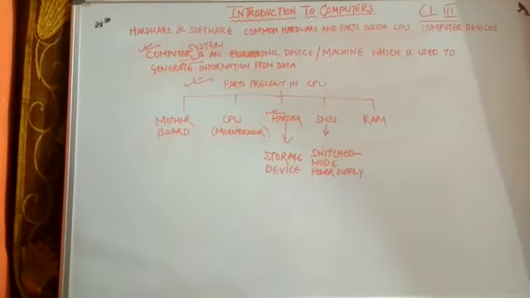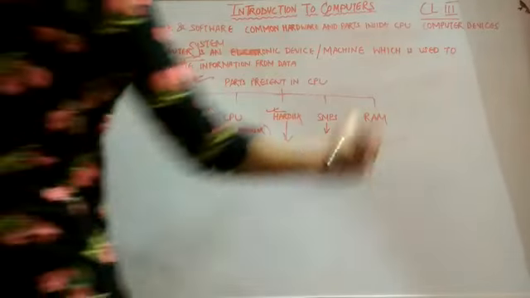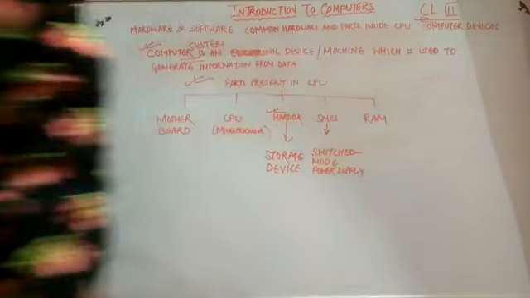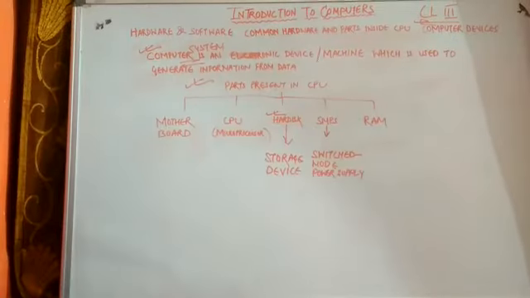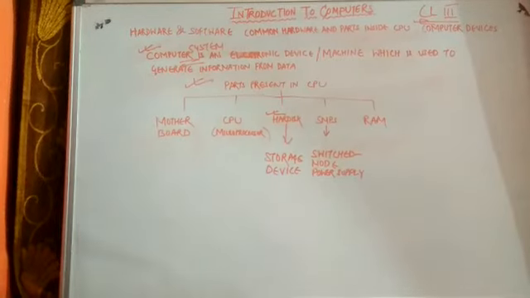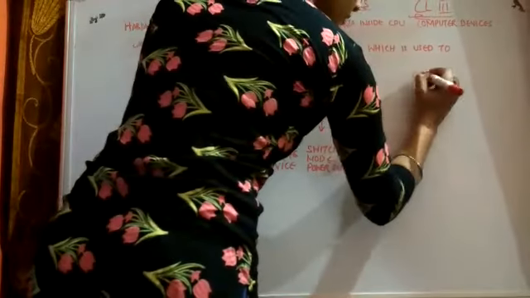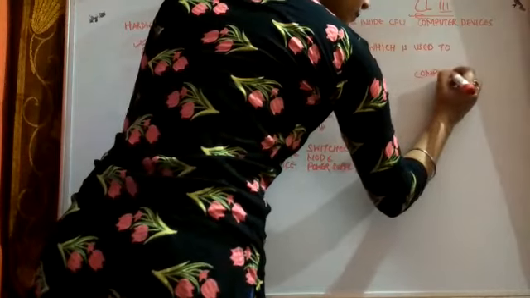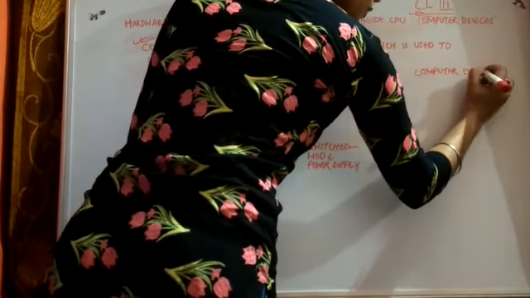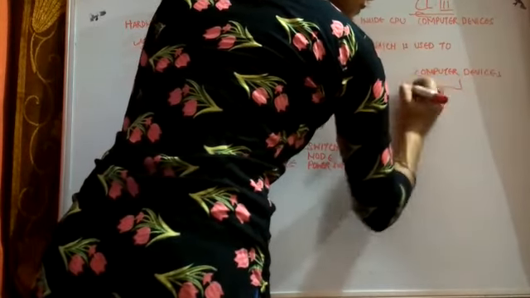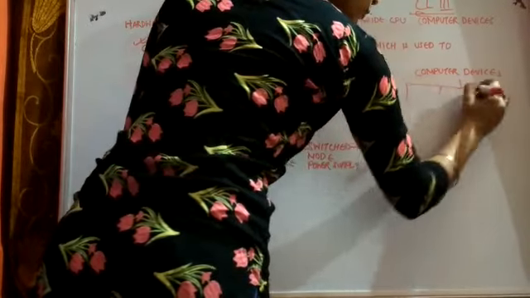Now move to another topic, that is computer devices, or we can say the categories of hardware. Different computer devices are categorized into four types.